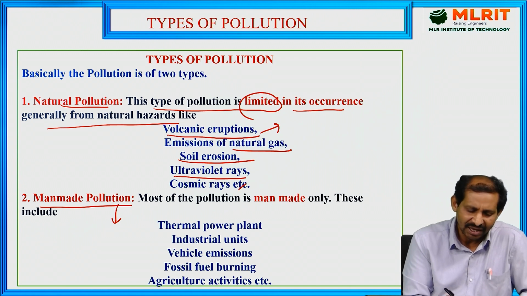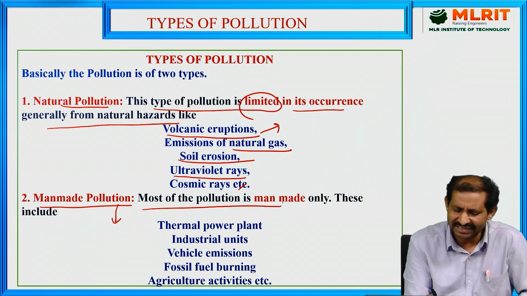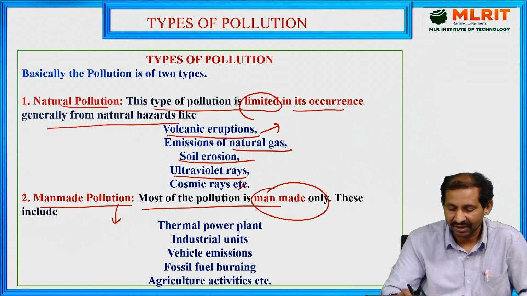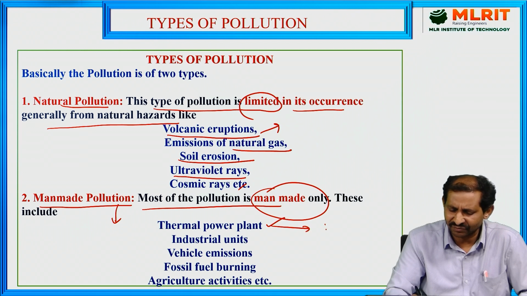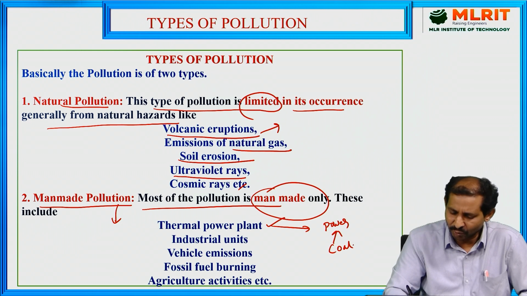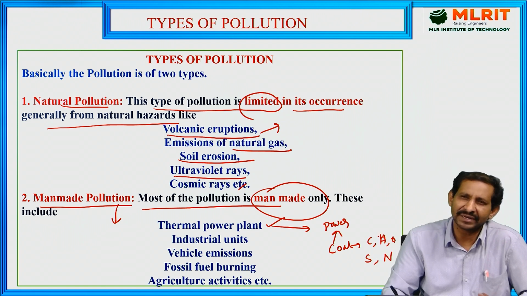Cosmic rays are man-made. Most of the pollution is man-made only. These sources include thermal power plants, where power is generated using different fuels. Coal is mainly used, and coal contains carbon, hydrogen, oxygen, sulfur and nitrogen.